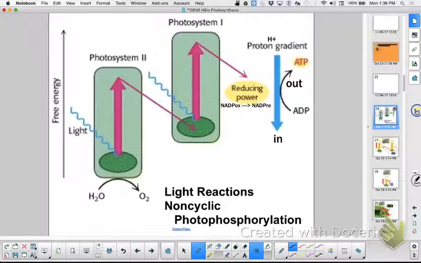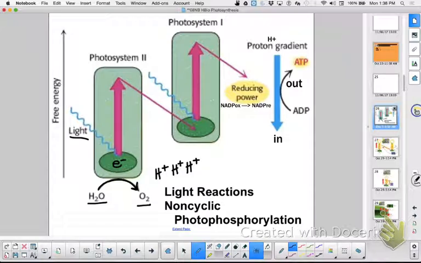So in its simplest, here's water. We split water, and as a result you get oxygen and you get some electrons. Now as a result, you also start to build up a hydrogen ion gradient just like we saw before, which we can use to synthesize ATP. So I'll put a pin in that, I'll come back to it.